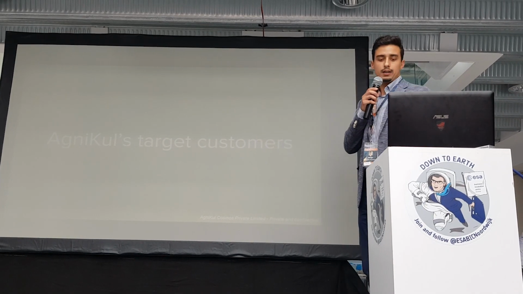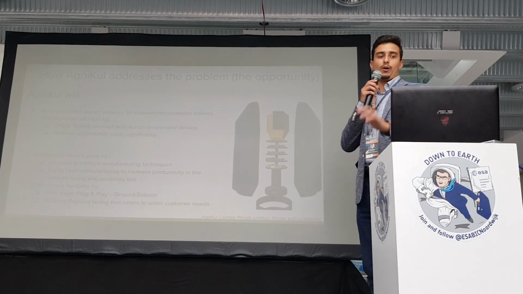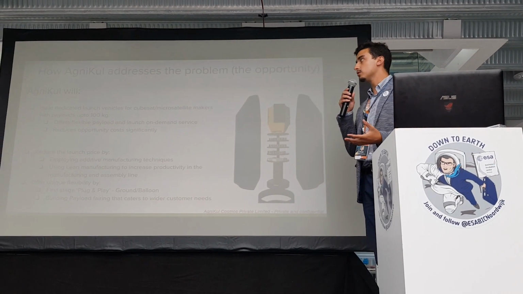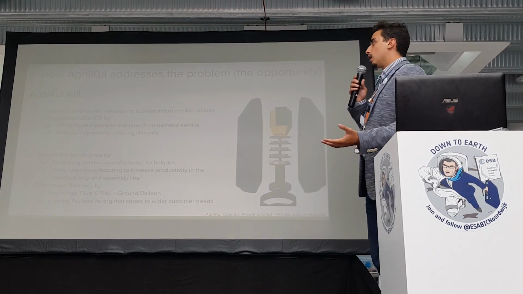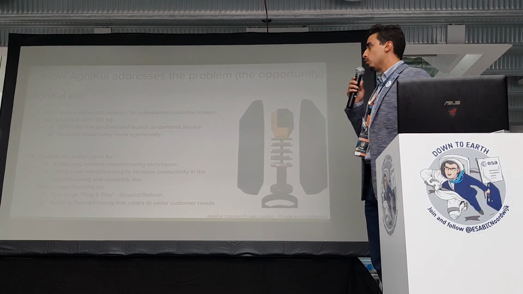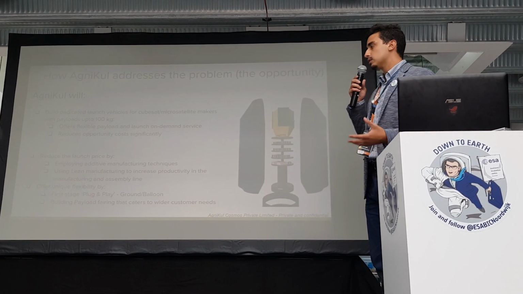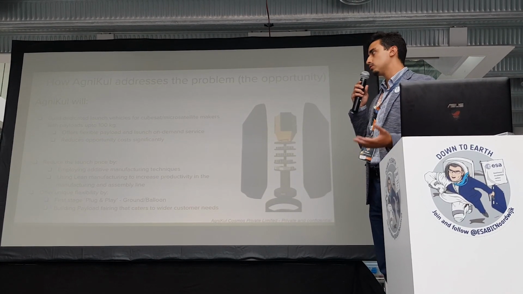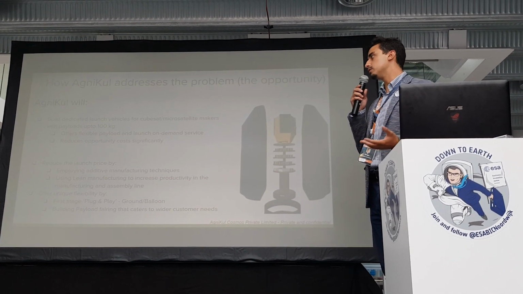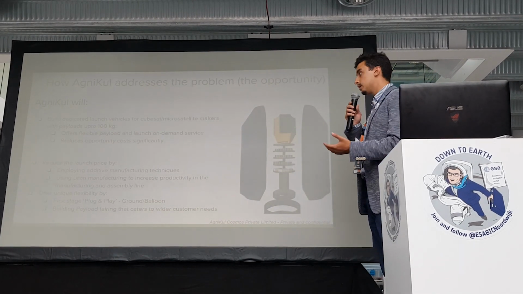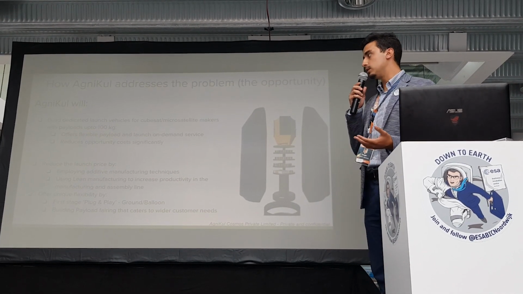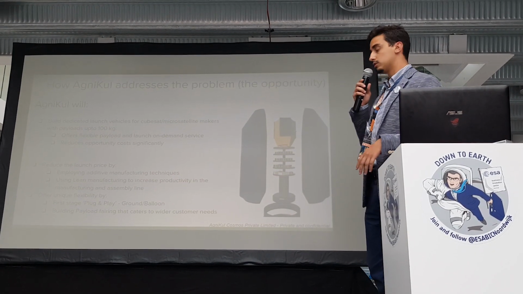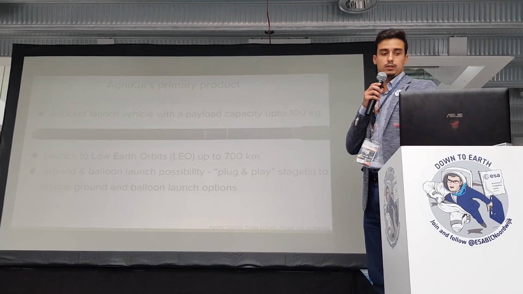That's why Agnicool, that's not a slide, but that's how Agnicool addressed this problem. Agnicool will build dedicated launch vehicles for these small satellites, up to 100 kg payload. We can reduce the launch price by employing additive manufacturing techniques, using lean manufacturing to increase productivity in the manufacturing cycle, and offering unique flexibility by using plug-and-play systems for the first stage of our rocket.